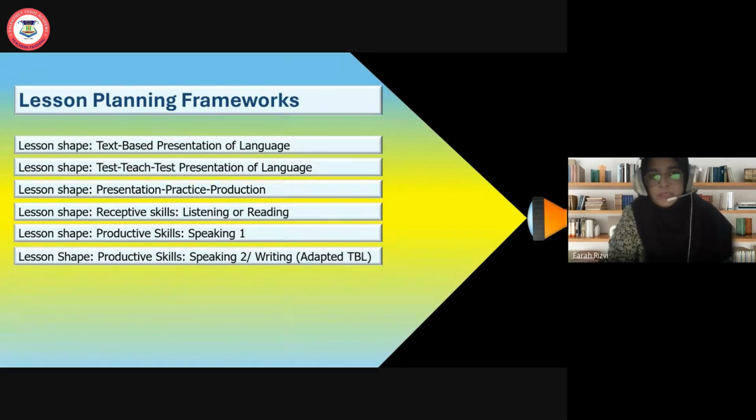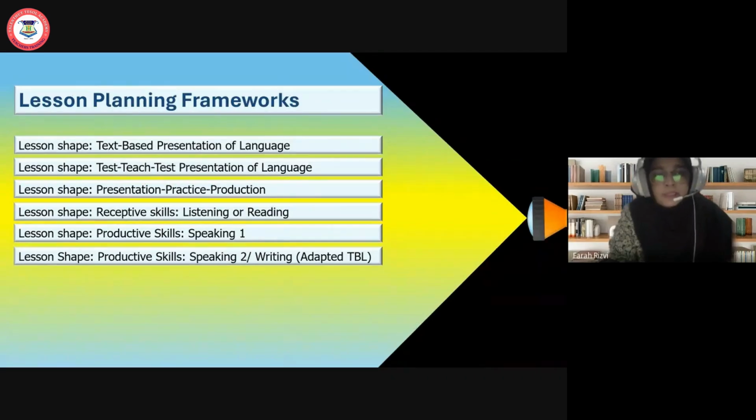One will be a 60-40 teacher-student ratio, and the second controlled practice will be a 40-60 teacher-student ratio. Students feel more comfortable when they receive the language in the presentation stage, they get practice at the practice stage, and then they feel comfortable at the production stage when they are going to produce the language.